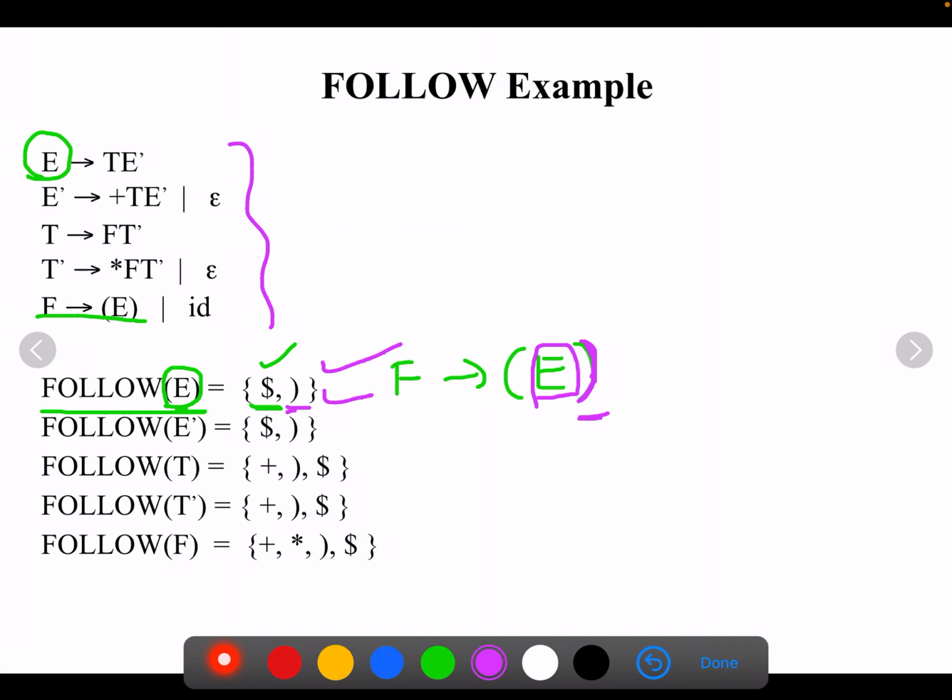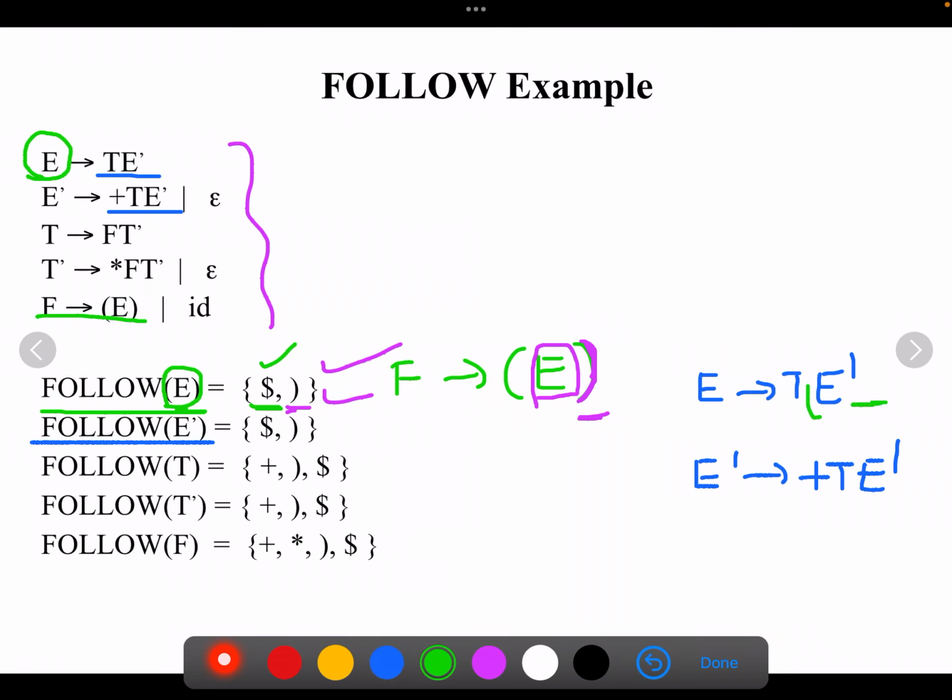Moving on to E dash. Follow of E dash: look at the productions which have E dash on the right side. E produces T E dash is one production. E dash produces plus T E dash is another production. In both cases we have to check who is following E dash, because my target is E dash. After E dash nothing is there. So as per the algorithm, if nothing is there, the follow of the left side has to be considered.